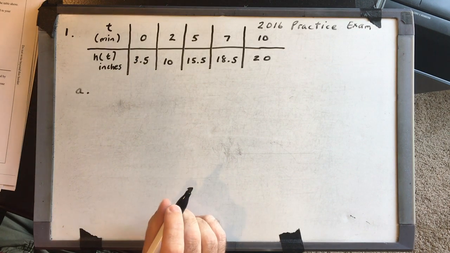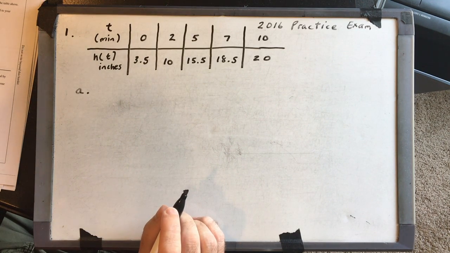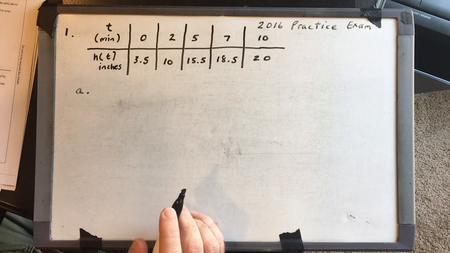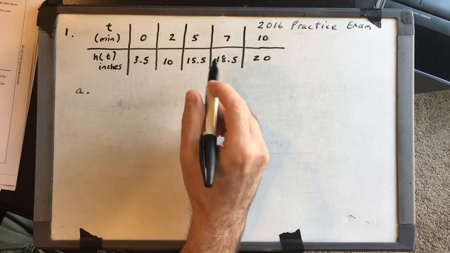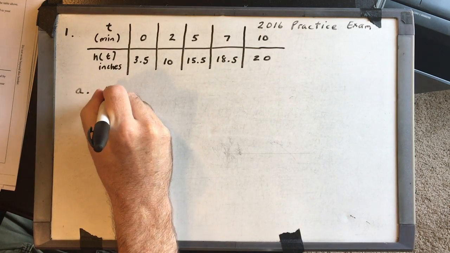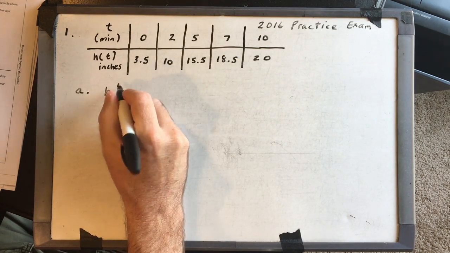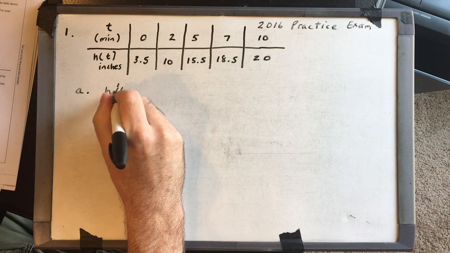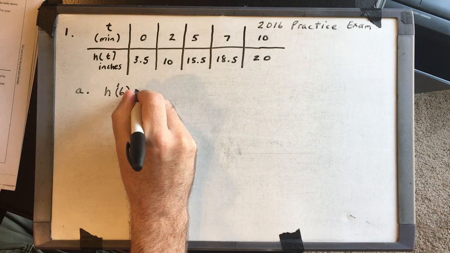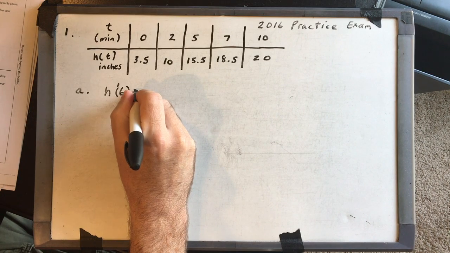says use the data in the table to find an approximation for h prime of 6 and show the computations that lead to your answer. Okay, so h prime of 6 is asking us what is the slope of the tangent line at 6.